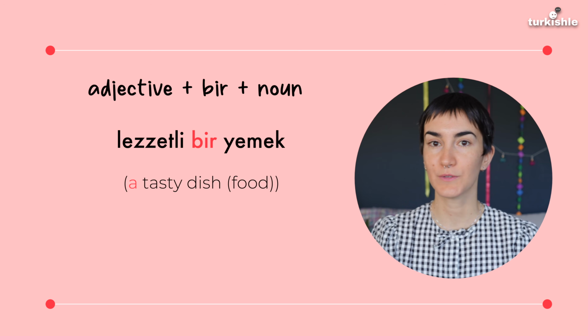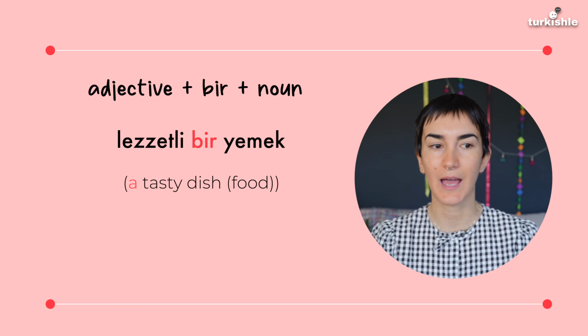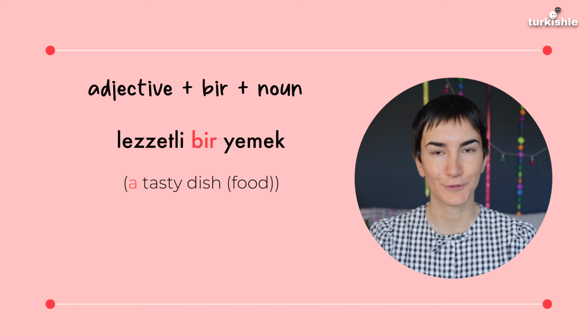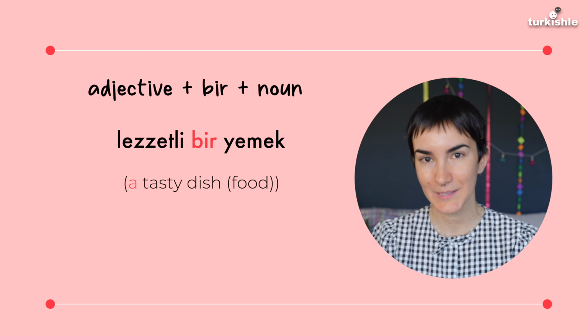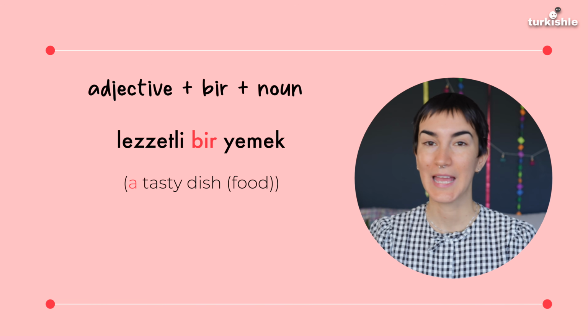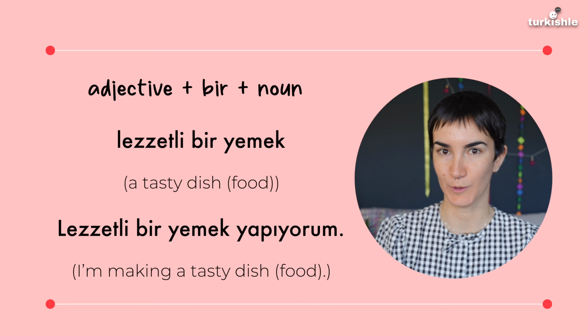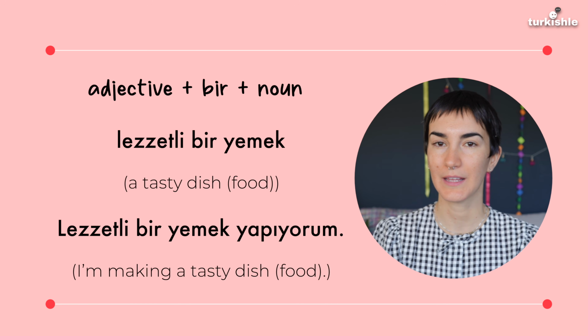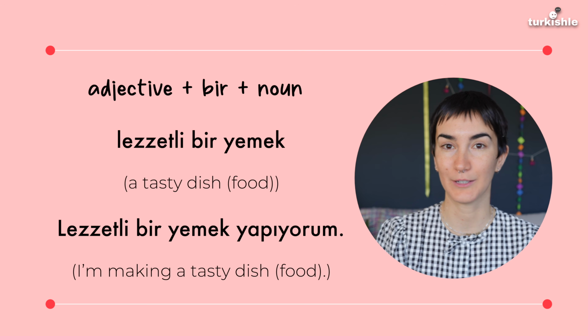But please note that it doesn't work in the same way as a or an does in English. Just think of it as a part of this structure. Let's put that in our sentence. Lezzetli bir yemek yapıyorum.